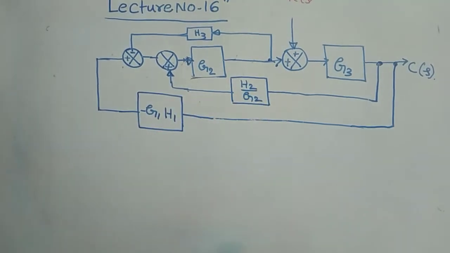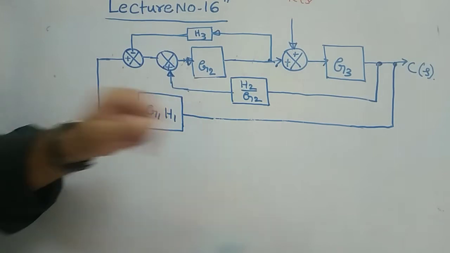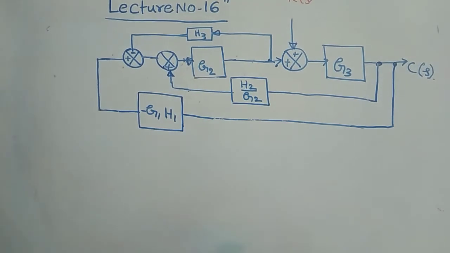It will come like this. So this will be simplified like this, H2 by G2 has come.